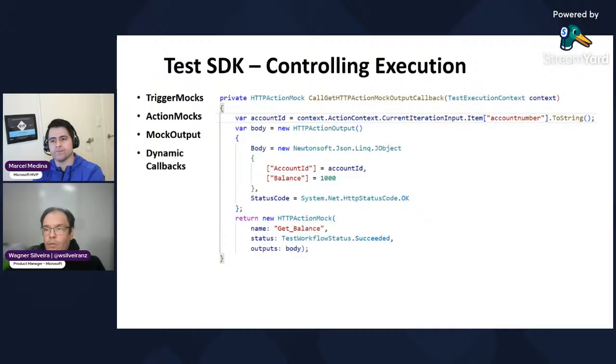If your workflow is running in a loop, you can influence each one of those iterations with your own code. You can say, on iteration 1, give me this value, on iteration 2, give me this value, etc. That gets closer to what you would actually see on execution.